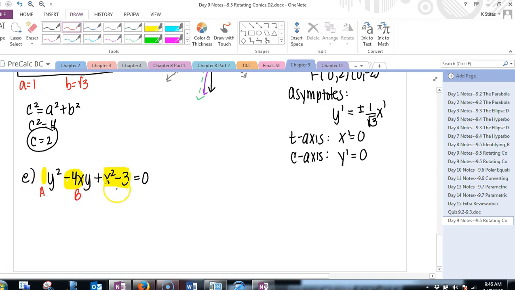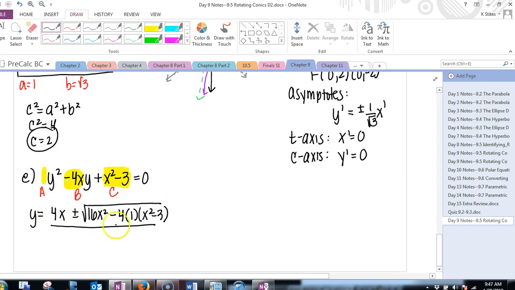So y is equal to opposite b, that's 4x, plus or minus the square root of b squared, 16x squared, minus 4, a is 1, c is that whole thing, all over 2a, which is just 2.